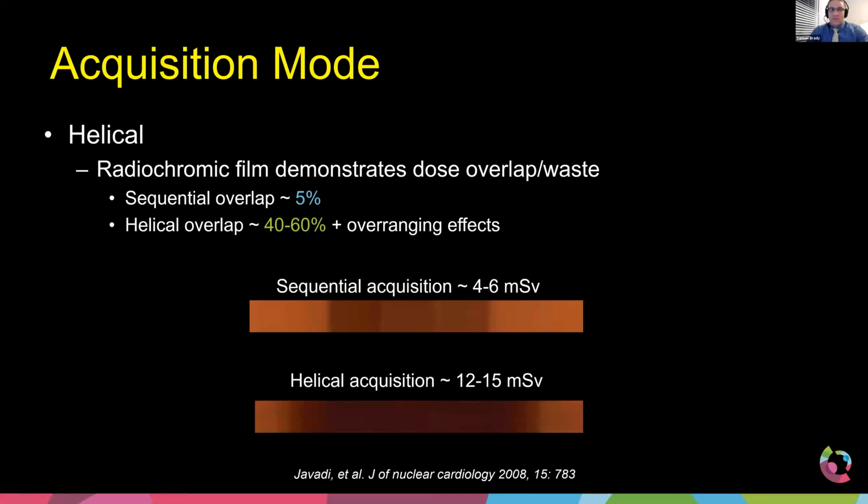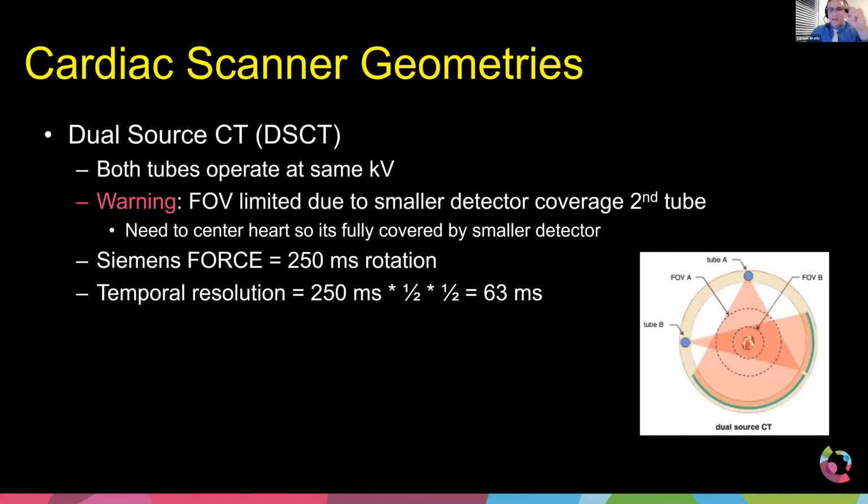But if you still have the limitation of just a 4 centimeter scanner, then doing that step and shoot is going to be, by way of dose, still probably one of your better options. But once again, that's just if you still have those older scanners. Many may still do.